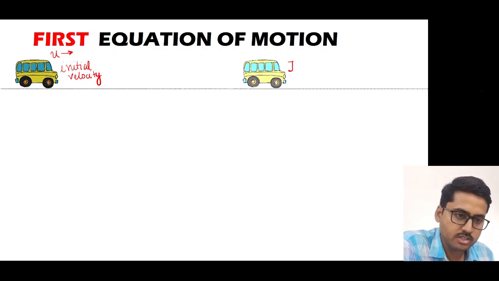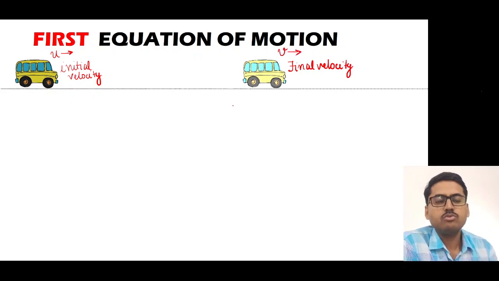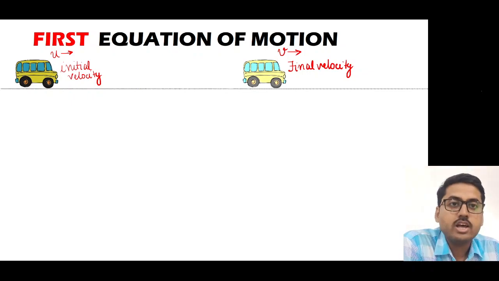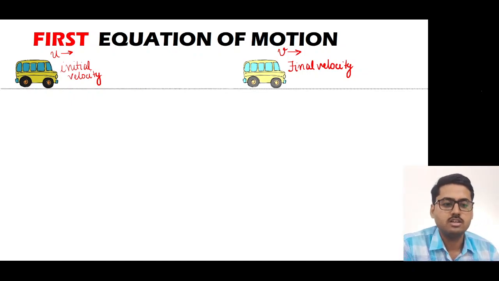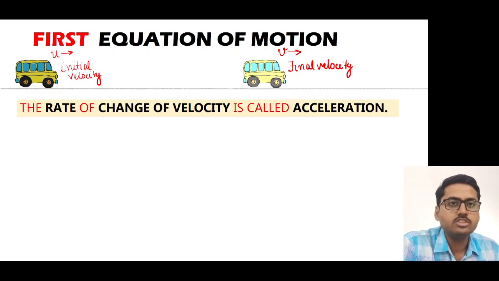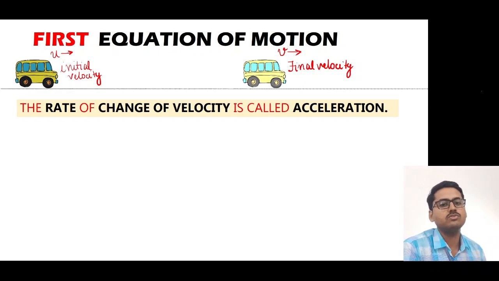I am calling this the final velocity, and the symbol for final velocity we write as V. So what is acceleration? The definition is on your screen. It is simply the rate of change of velocity.